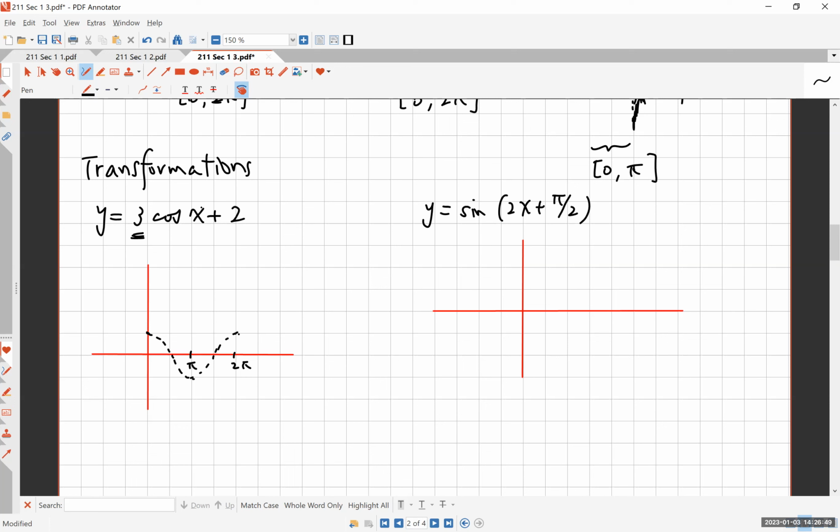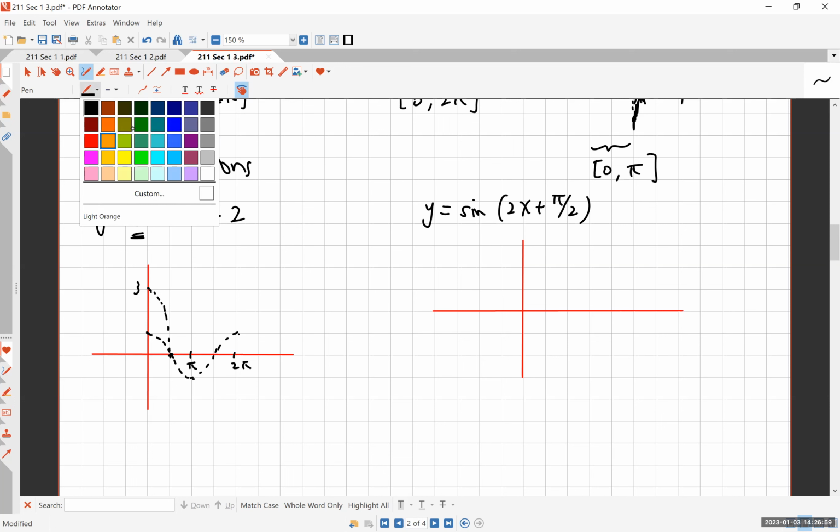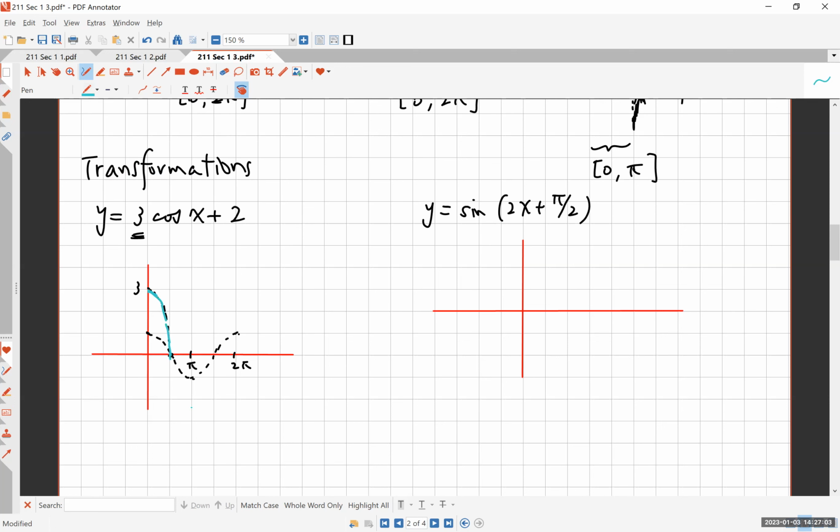3 cosine of x, basically you amplify it to 3. So 0 times 3 is of course 0. So it goes down like this. Maybe I should draw in another light color. All right. What's very nice about using a device like this, a tablet device, is that you have basically an infinite collection of colors, right?